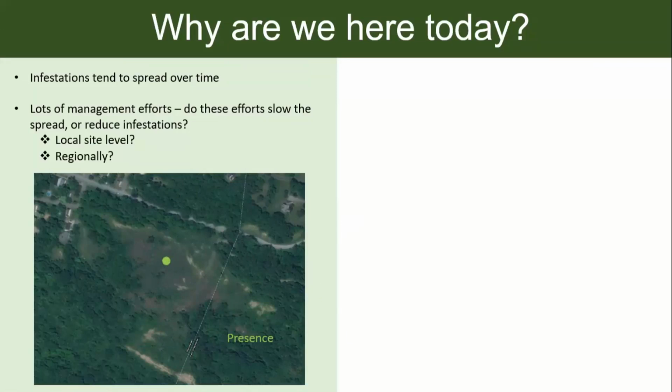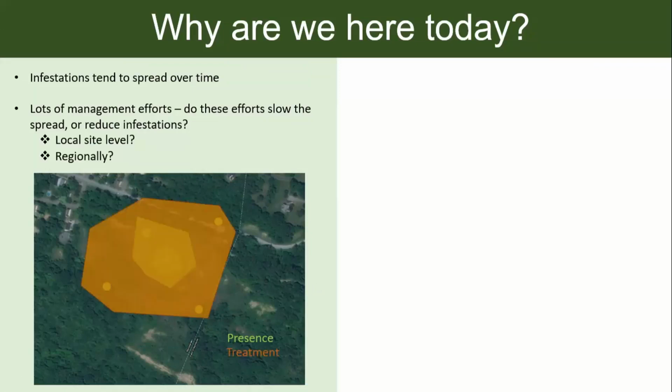If you went back and surveyed each year, you might see it start to spread, and spread even more the year after that. And eventually you might be able to perform some sort of management. Say it's mile-a-minute spreading across this area, and you get a group to go in and pull all of that out. Then you can record that treatment effort in iMapinvasives, and the next year you can record how much of the species comes back.